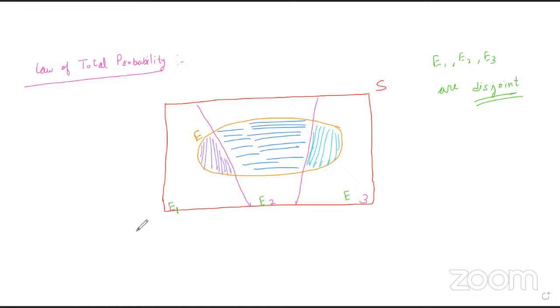Yes, sir. So what would be the probability of my event E? The probability of event E would be the probability of E intersection E1, this purple region, plus the probability of E intersection E2, this middle region shaded in blue, plus the probability of E intersection E3, which is this third light blue region, right?